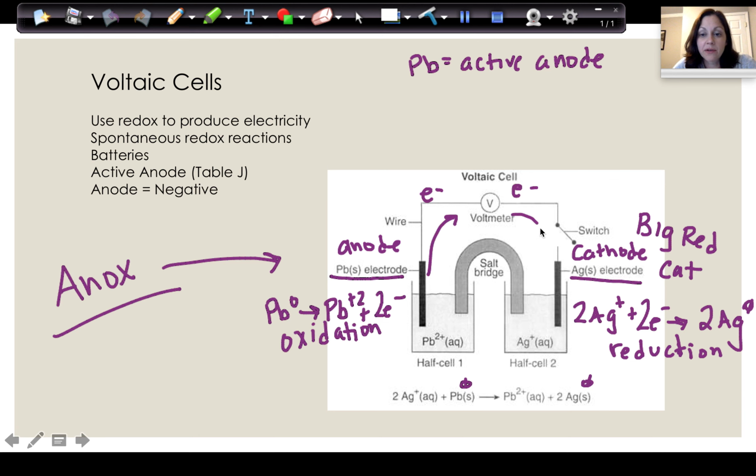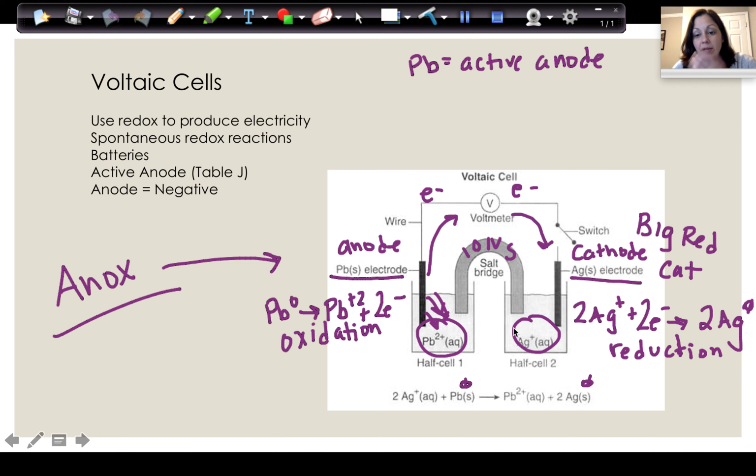And the salt bridge is for the flow of ions, and inside each half cell, we have a solution with the ions present. So on this side, we are taking Pb, which is the actual anode, and losing electrons through the wire, making Pb2+ ions go into the solution.